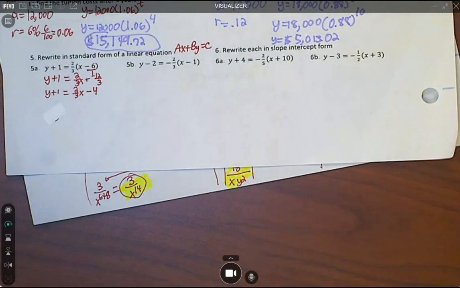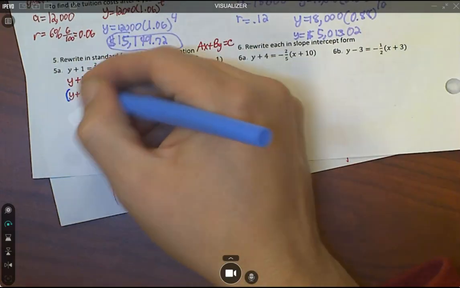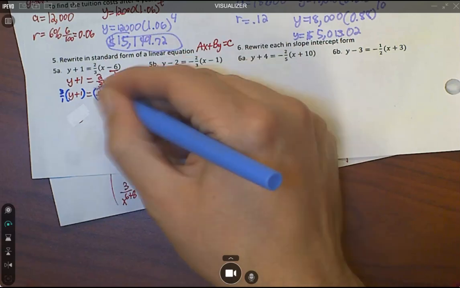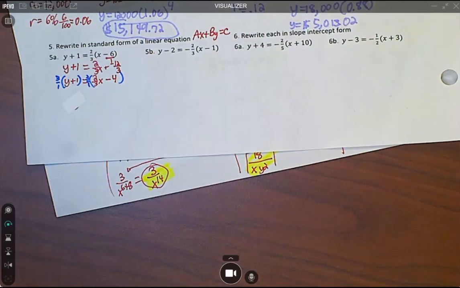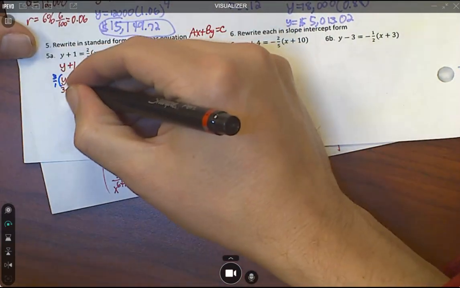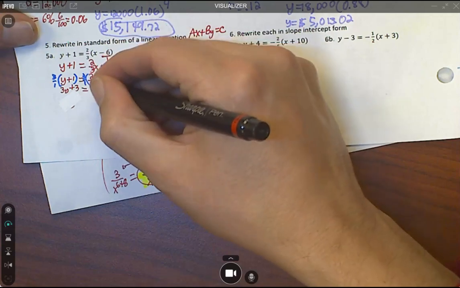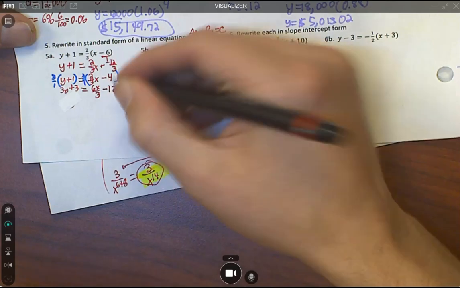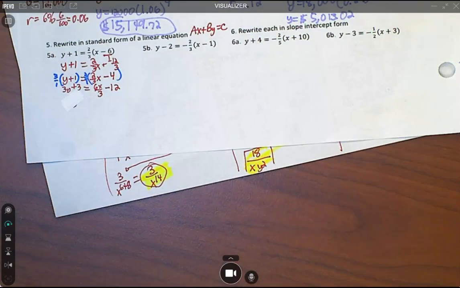What I'm going to do is get rid of that 3 now. And writing this small is hurting my wrists. Alright. 3y plus 3 equals 6x over 3 minus 12.